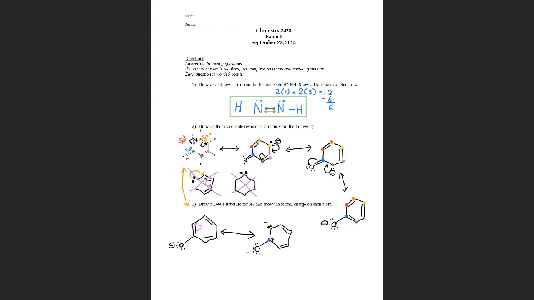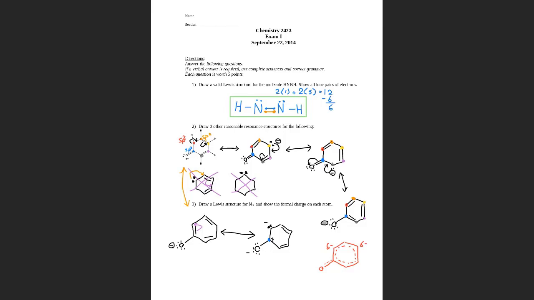What this molecule actually is going to look like is probably something like this. Delocalized electrons throughout the middle of the molecule, and you would end up having a partial negative here, a partial negative here.